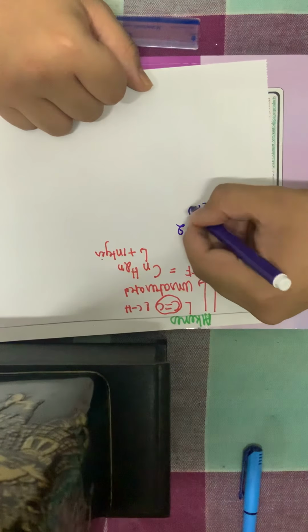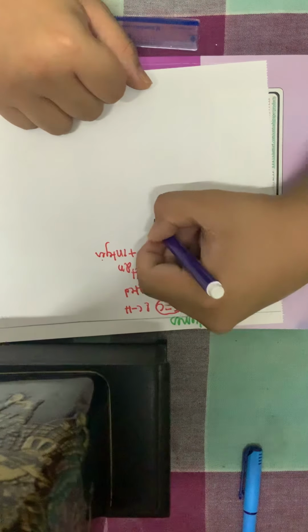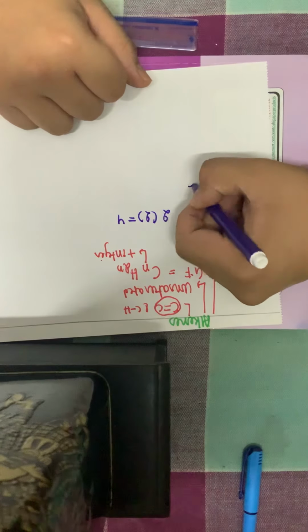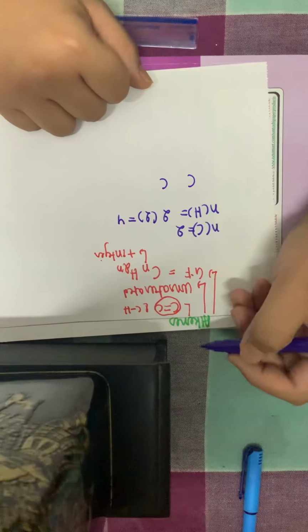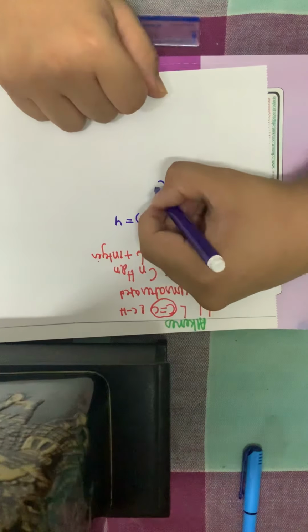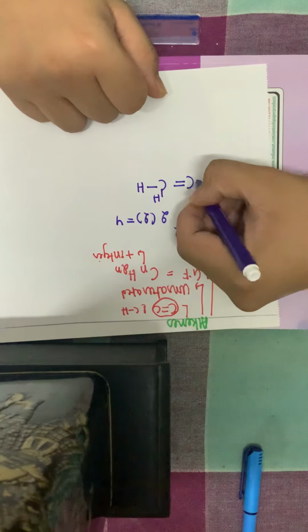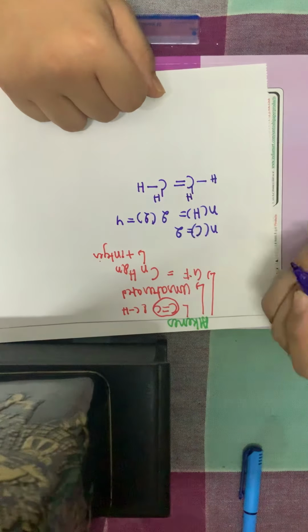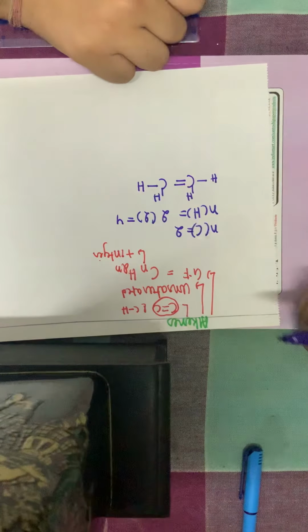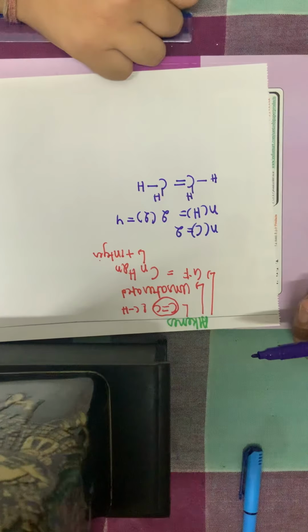The number of hydrogens will be 2 into 2, which is 4. So the compound, if it is carbon-carbon, as I told you it's an alkene, will have a double bond, and you will satisfy 4 hydrogens. That means 2 here, 2 here. Is that clear? So this will satisfy its 4 hydrogens.